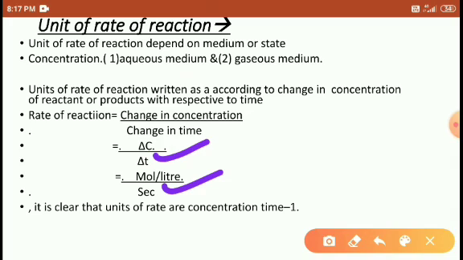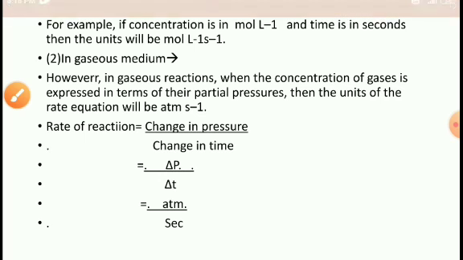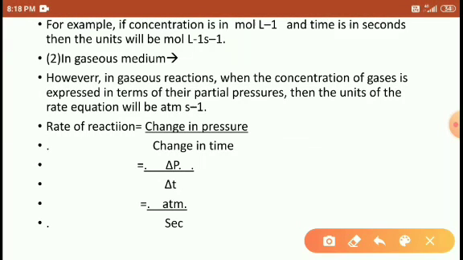So it is clear that the unit of rate of reaction is concentration per unit of time, or you mention it as moles per liter per second. Students, for example, if concentration is moles per liter and time is in seconds, the unit is considered as moles per liter per second.